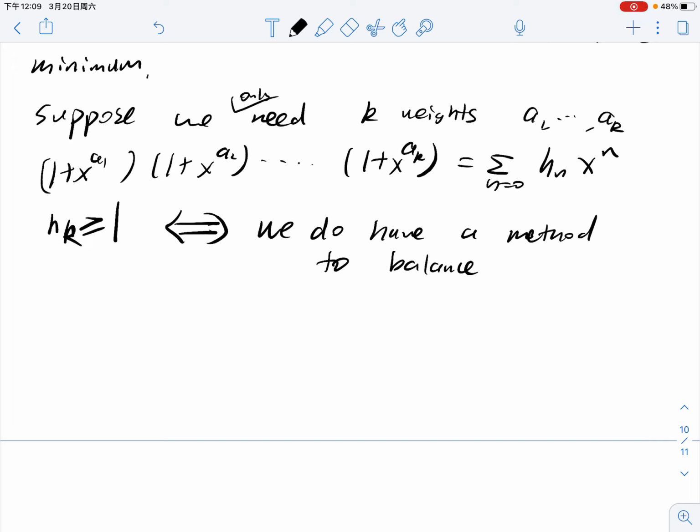So here a_k, sorry, bad notation. The coefficient h_m of x to the m means a way to balance an object with weight m.